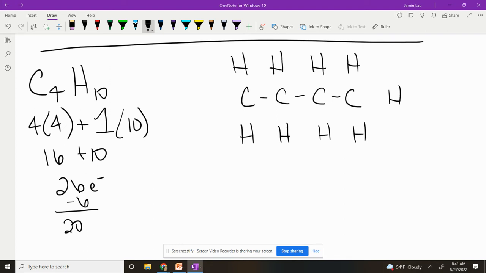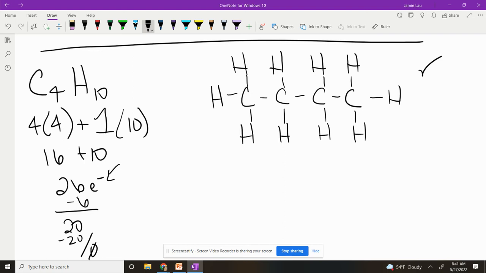So if I place my hydrogens around, I use 2, 4, 6, 8, 10, 12, 14, 16, 18, 20 electrons, which is the last that we had. So this structure used a total of 26 electrons, which is what we had. All my carbons have an octet. All my hydrogens have 2 electrons for a duet, so we're good to go.